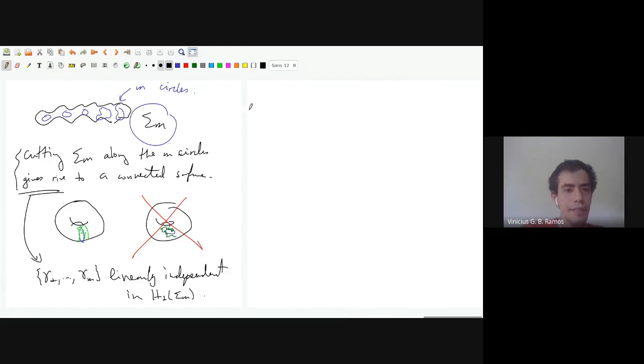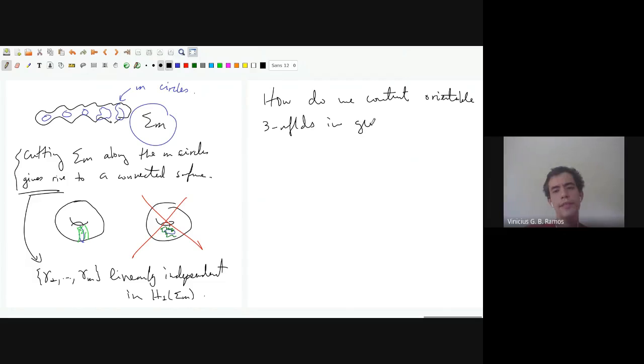So basically, how do we construct orientable three manifolds in general? So we have to first fix a genus. So we fix G, a number from 0, 1, and so on, and this is going to be the number of one handles and number of two handles.